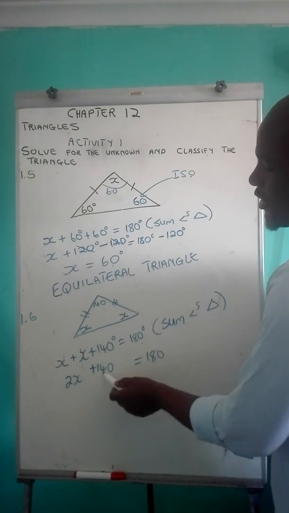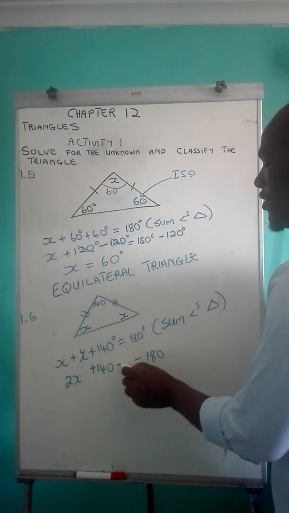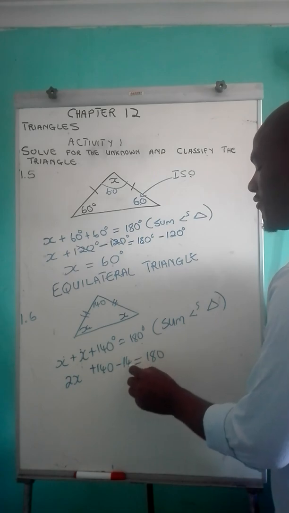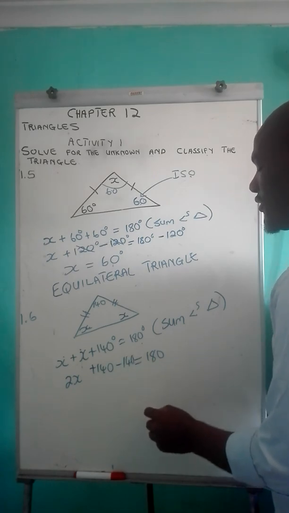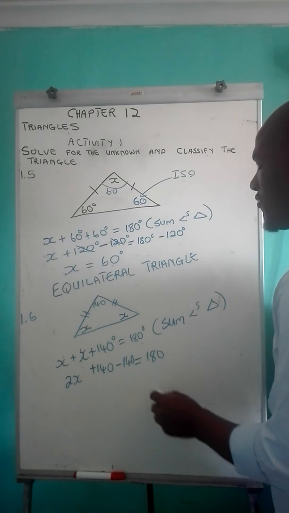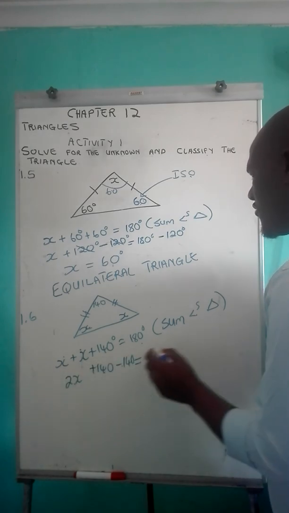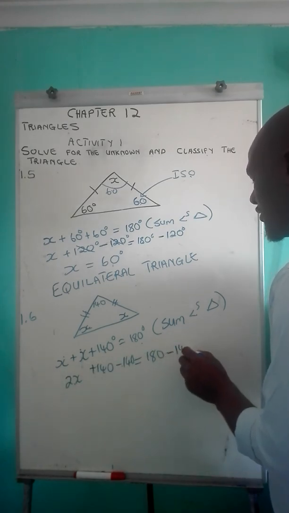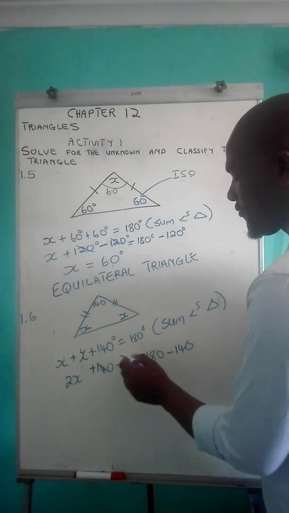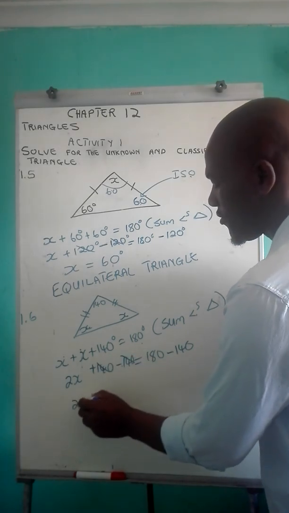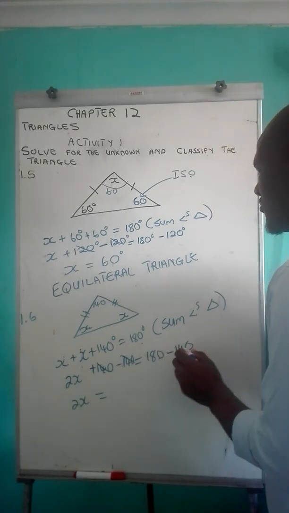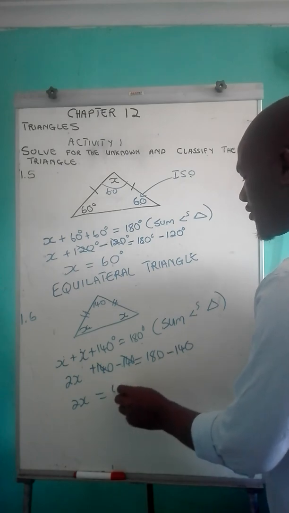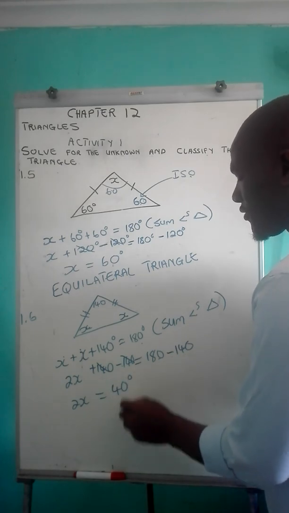Okay, I don't want this 140 here, so you need to add an additive inverse, which is minus 140. What you do on the left hand side, you also do on the right hand side. This is 2x equal to 180 minus 140, which is equal to 40 degrees.